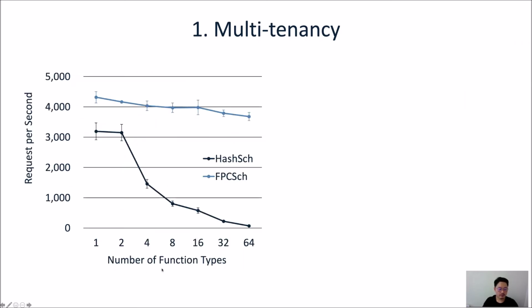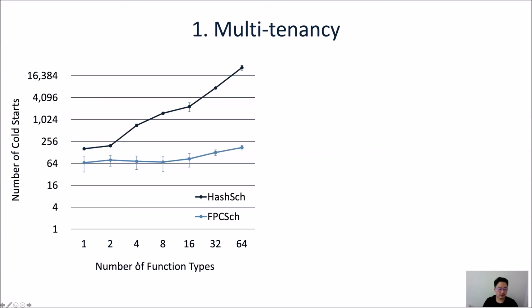As we increase the number of function types, the requests per second of the hash-based scheduler dramatically decreased. On the other hand, the FPC scheduler shows a steady level of requests per second. One thing to note here is that the FPC scheduler is not fully saturated.